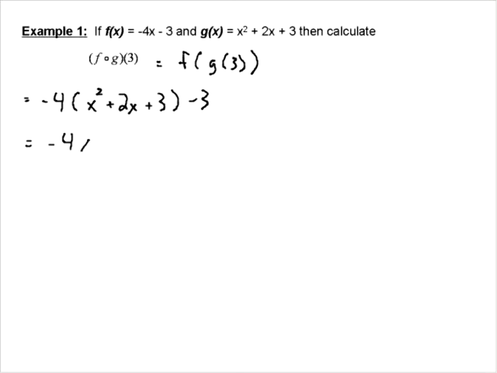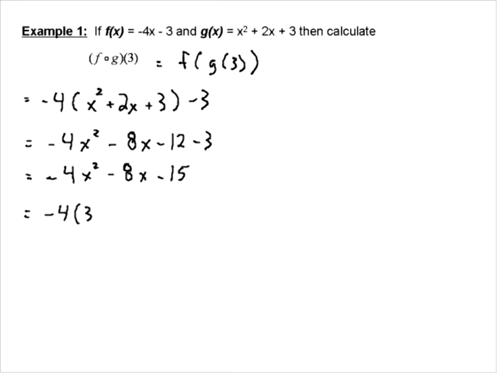And if we expand that out, we're going to get negative 4x squared minus 8x minus 12 minus 3, and we're going to get negative 4x squared minus 8x minus 15. And now what we can do is we can put, wherever there's an x, we can put the 3.